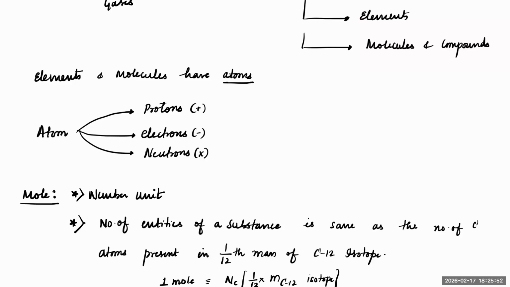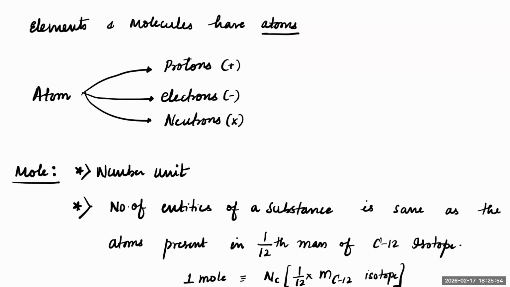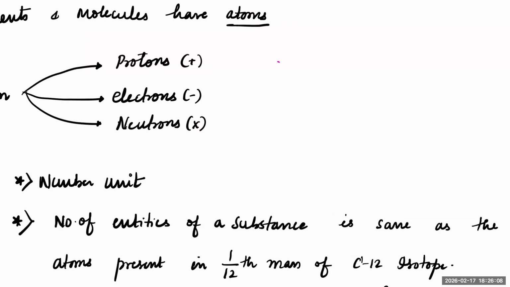Okay. And every atom, in a broad perspective, we can say is categorized mainly into three forms: protons, electrons, and neutrons. Protons are positively charged, electrons negatively charged, and neutrons are neutrally charged. The basic idea you need to have about the atom is that the atom is more or less a highly concentrated positive charge embedded at the center of the atom, and electrons are present across the surface of the hollow space here.